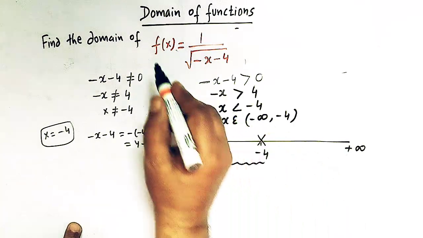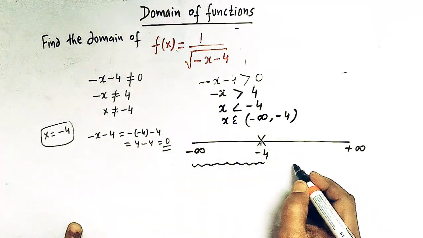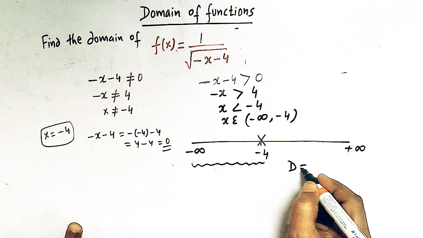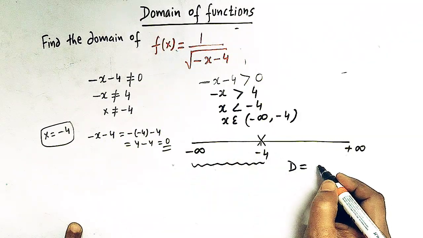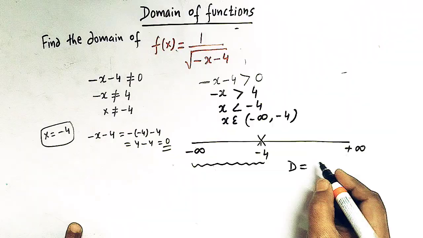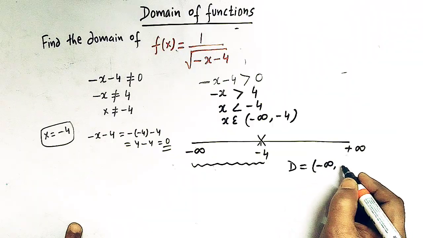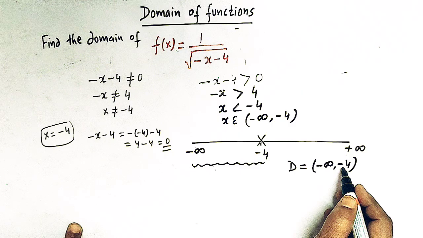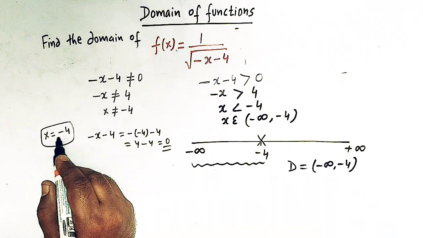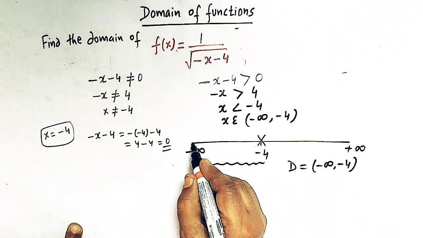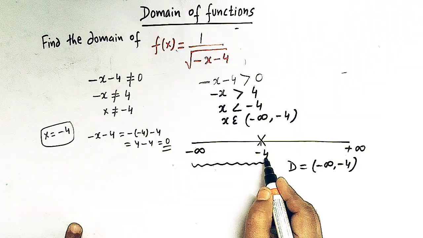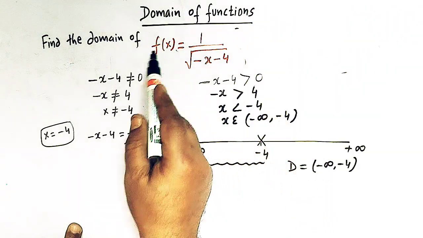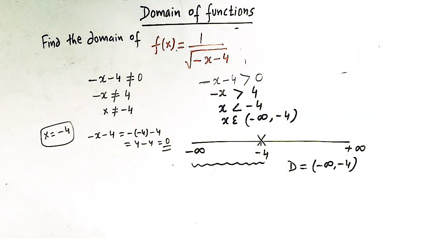So now the domain of this function f of x can be denoted by the letter d. So the domain d is given by this interval minus infinity to minus 4. And remember here minus 4 is not included. So all these numbers from minus infinity to minus 4 give us the domain of this function f of x.